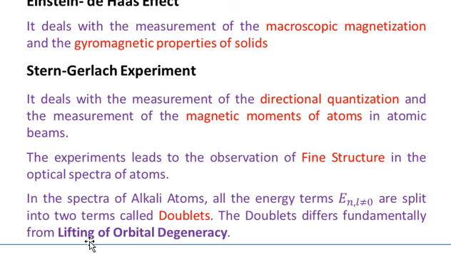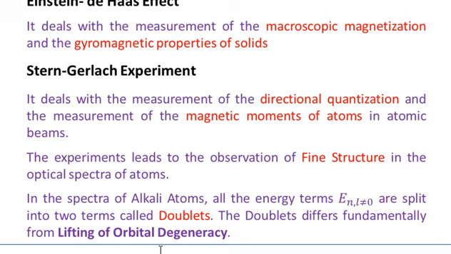So we have seen the lifting of orbital degeneracy in the previous lecture when we talked about the alkali atoms. And we see that the energy of the alkali metals depends upon the orbital quantum number, and the orbital degeneracy is lifted, which means that the energy will now depend upon the principal quantum number and, in addition to that, the orbital quantum number L of the atom.